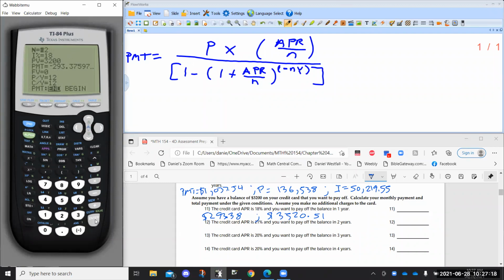21% APR paid off in 2 years, so that's 24 months, 21%, same principal. Alpha solve, we get 164.43. What I really care about is this number here, which is going to be $3,946.42.